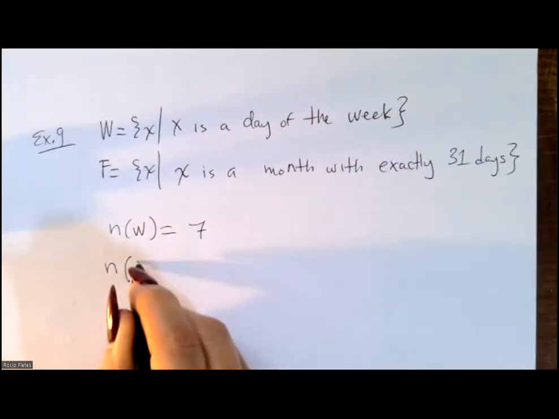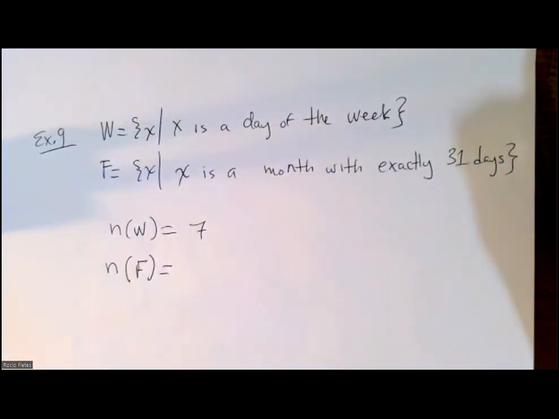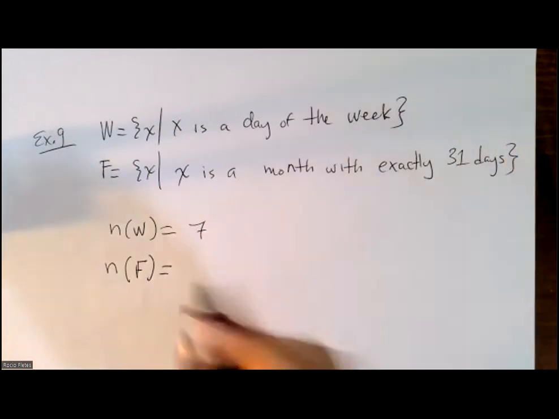I need to figure out the cardinality of F. Well, I have to figure out how many months in a year have 31 days, and let me research that. Hold on. I'll tell you right now. They should tell us here. Also 7. So there are 7 months that have 31 days.